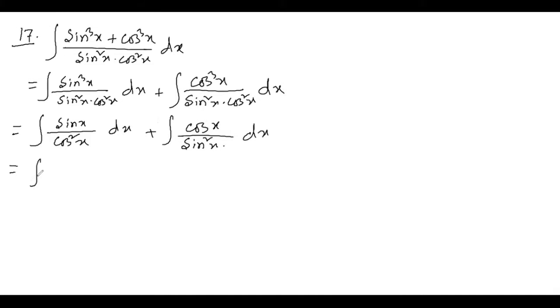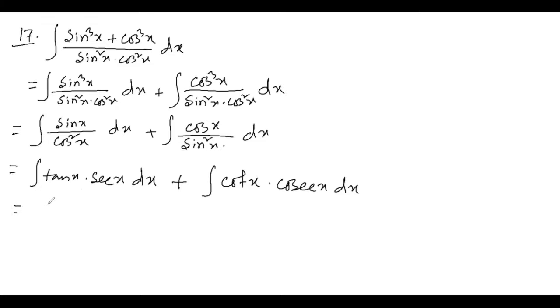So here it will be sin by cos, tan x, and 1 by cos x remaining, that is sec x dx, plus here the same thing, cot x into cosec x dx. So tan x into sec x, its integration is sec x, and minus its integration will be minus cosec x plus c. This is the answer.